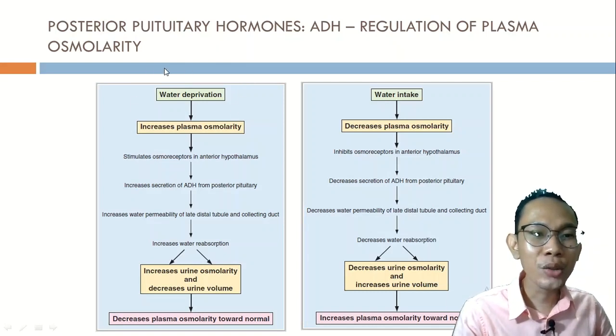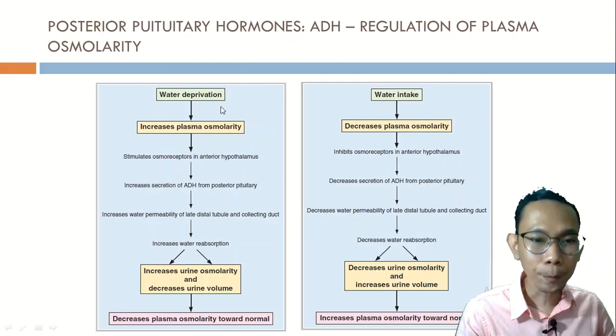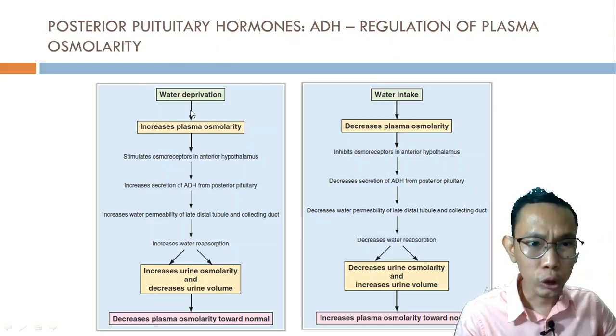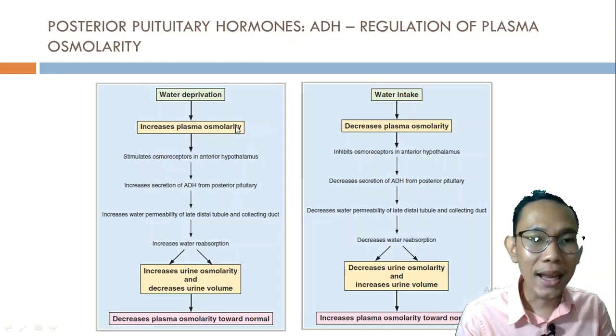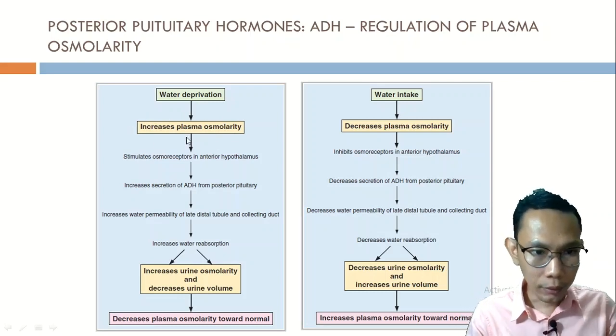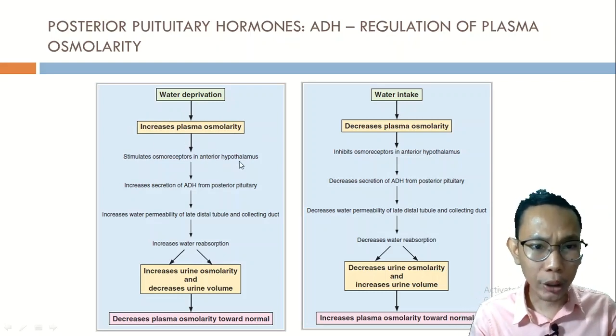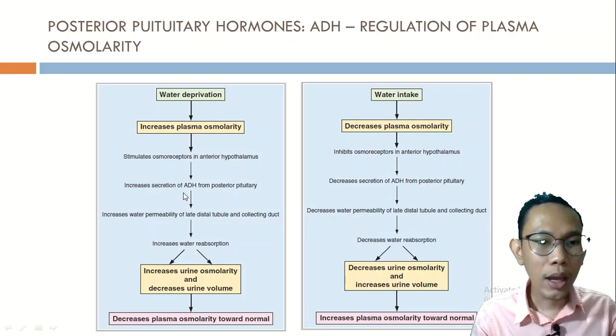Water deprivation, hindi ka uminom ng tubig, nagiging maalat ang ating dugo sa ating katawan. So, isi-stimulate ang anterior hypothalamus para isikret ang ating antidiuretic hormone. Ang antidiuretic hormone will cause water permeability para dumami ang tubig na inaabsorb.